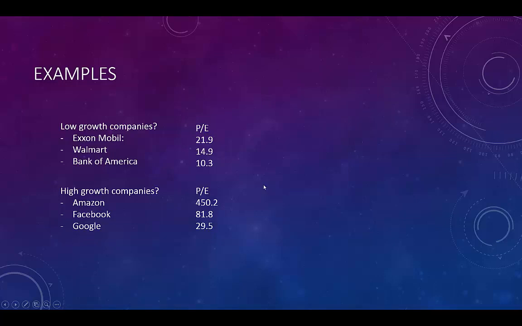The differences in PE ratios is striking. The mature companies have PE ratios in the 10-20 range, while the younger growth companies have PEs ranging from 30 to 450. These observations are in line with expectations we had from the theoretical model showing that the PE ratio is higher for companies with a higher present value of growth opportunities.